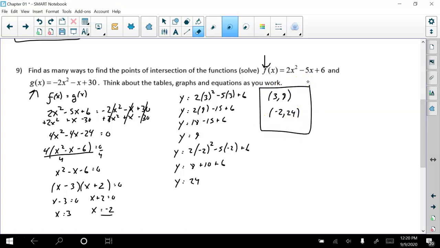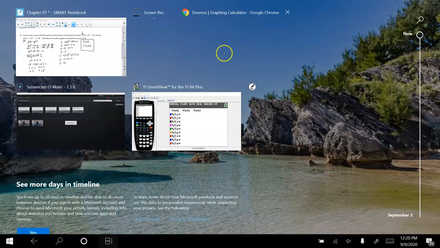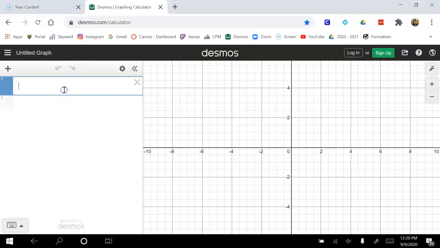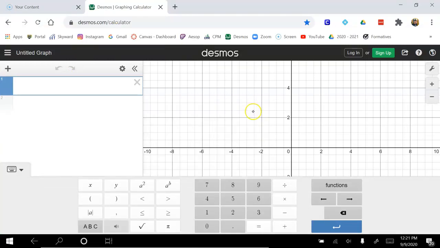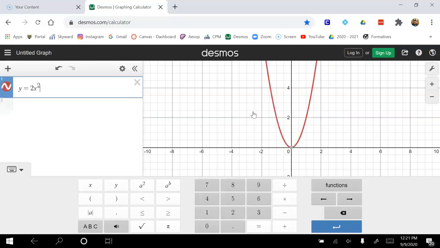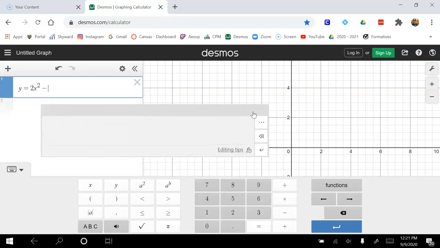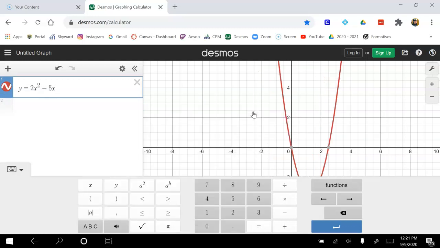That's our solution. Now, here's how we can find it on Desmos. What we're going to do is type in both equations. y equals 2x squared minus 5x plus 6.